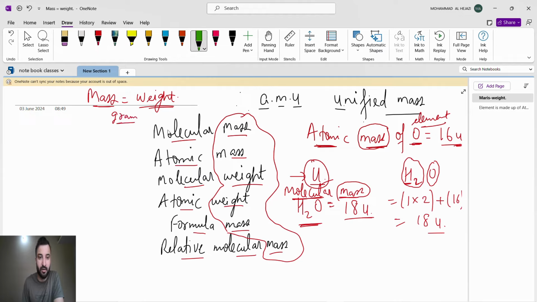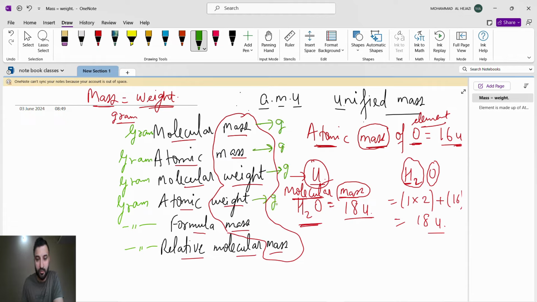So what will happen? Molecular mass will become gram molecular mass, gram atomic mass, gram molecular weight, gram atomic weight, gram formula mass, gram relative molecular mass. If I express in gram, then only the unit will become gram.